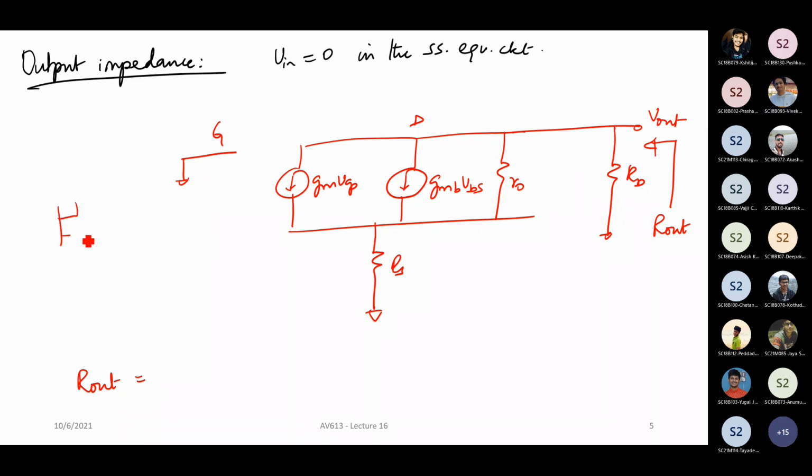For the output impedance calculation, it is almost like something like this. So you have RD parallel to this impedance, the impedance seen from here. Now what is the impedance seen from here? It is like having a transistor which has some source degeneration. Correct? We have already seen this type of circuit 2 times.